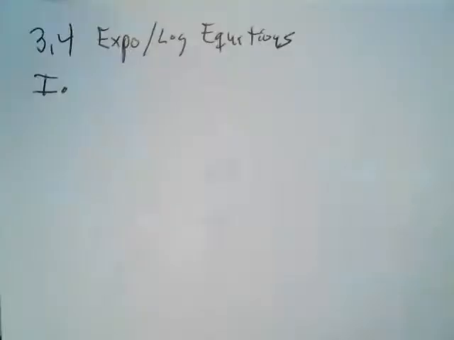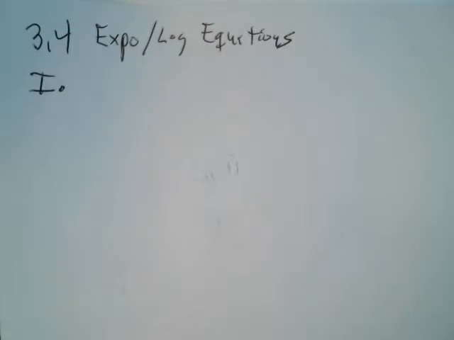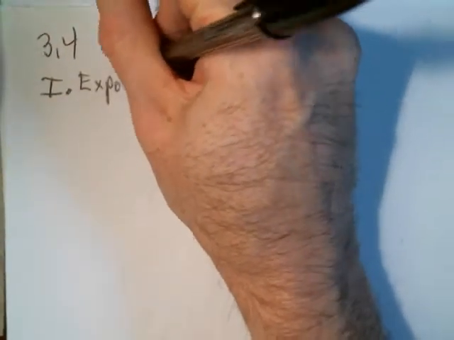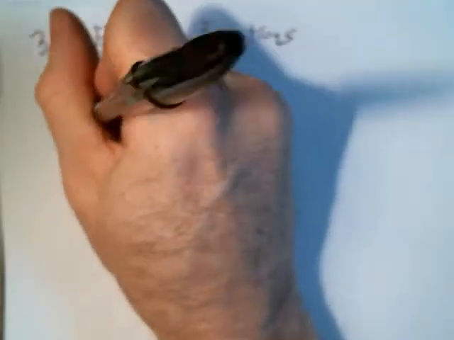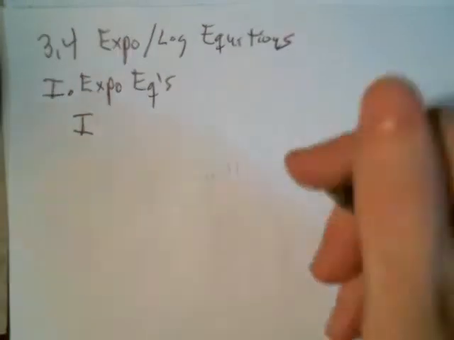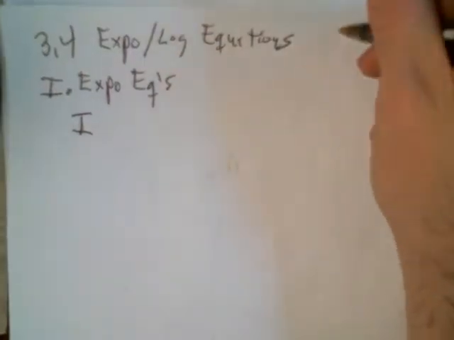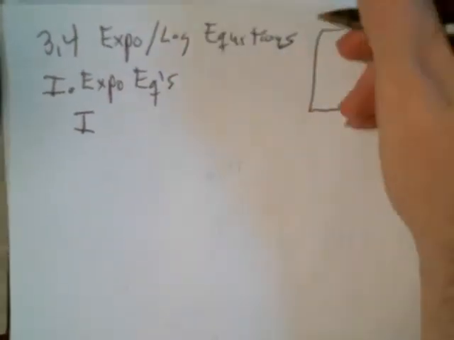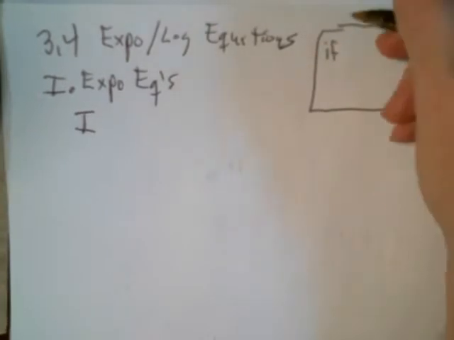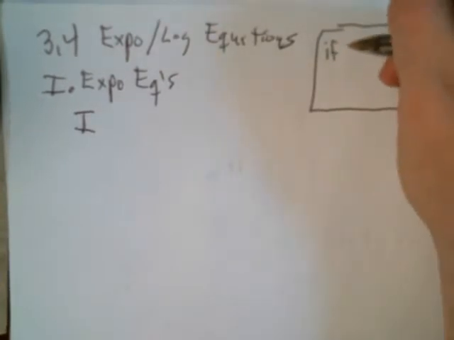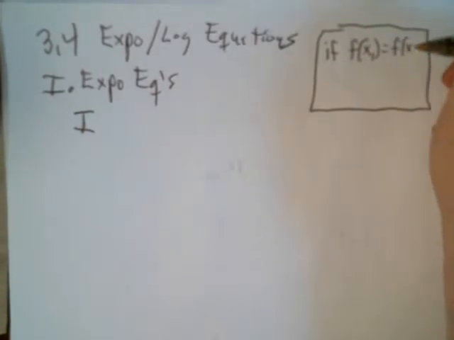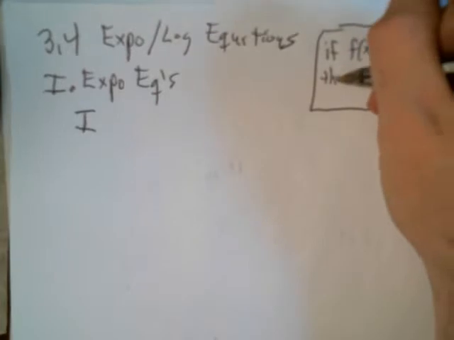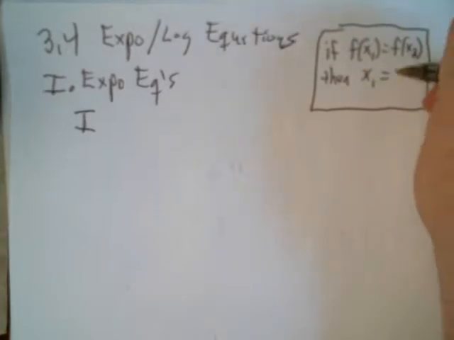There's two methods we'll use for solving these and for solving the exponential equations. The first method is following from the one-to-one property. So a function, just to the side here, if f of x1 is equal to f of x2, then x1 is equal to x2.